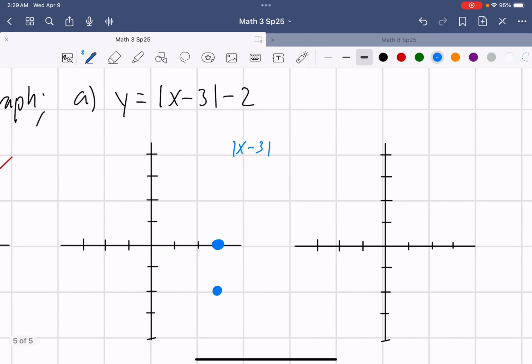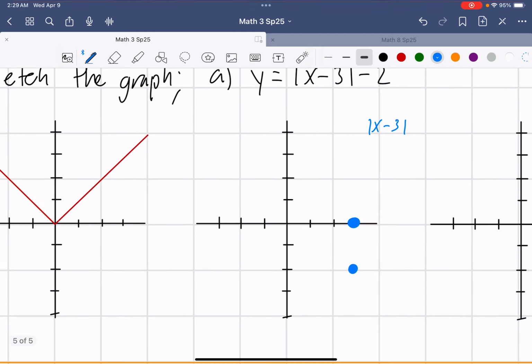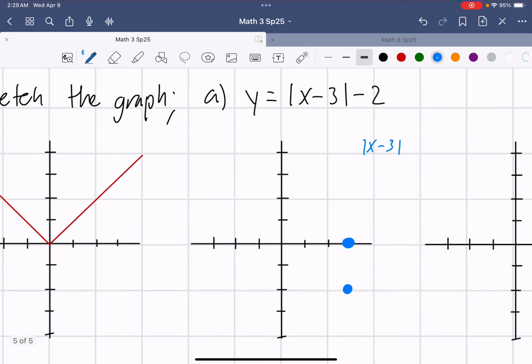Or I can input that point here. So we started with the parent function. You got move left. And move to the right.